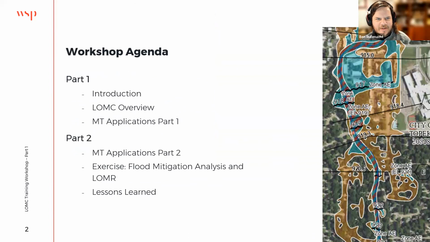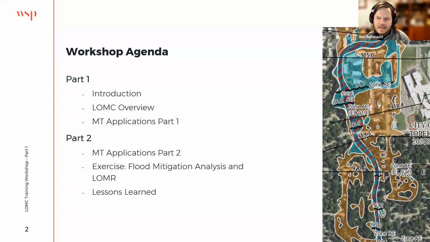So for this workshop, here's a brief overview of what we'll be talking about. We'll be going over all of the letter of map change options here, all the different types of letter of map change, and how to apply for these and get through the process. The MT1 application and MT2 applications, and talk about when you would use each different type of letter of map change and what situations you'd use those in.